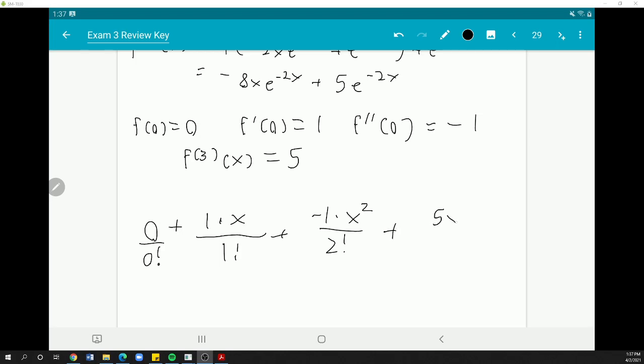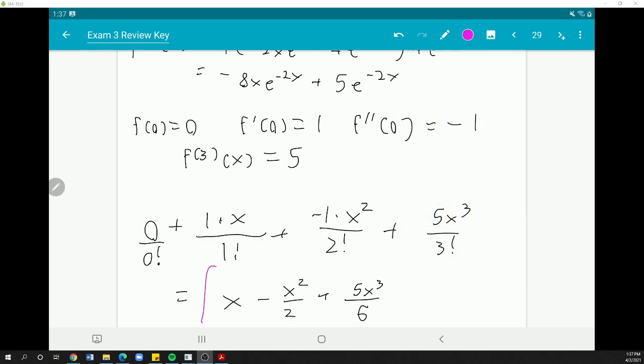And then plus 5x cubed over 3 factorial. Or in other words, x minus x squared over 2 factorial plus 5x cubed over 6, since 3 factorial is 6. And that's the Taylor series centered at x equals 0 for that one.